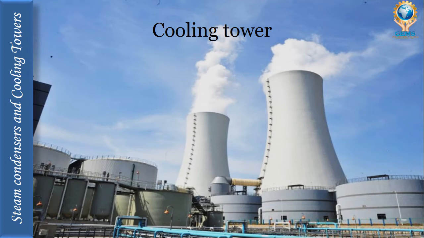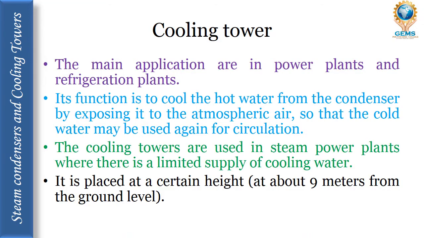Now let's see the cooling tower, how it works and what the types are. The main applications are in power plants and refrigeration plants. Its function is to cool the hot water from the condenser by exposing it to atmospheric air so that the cold water may be used again for circulation.